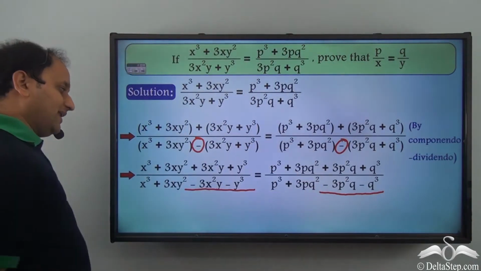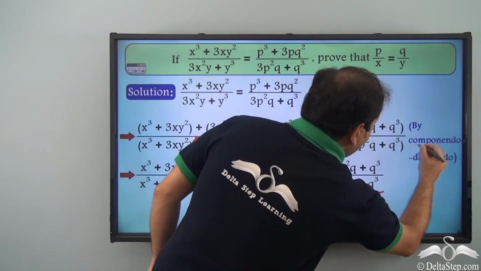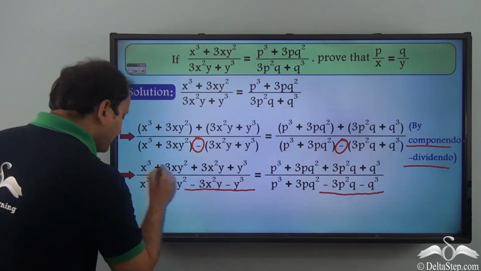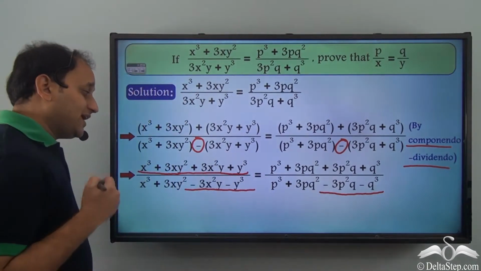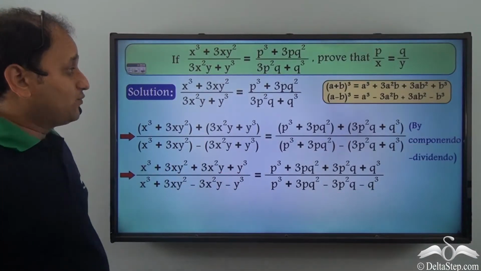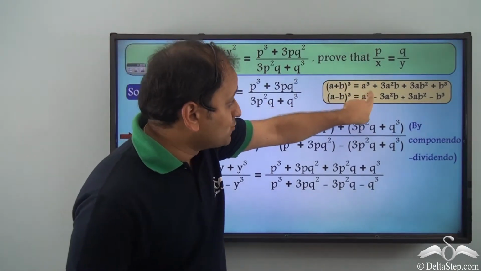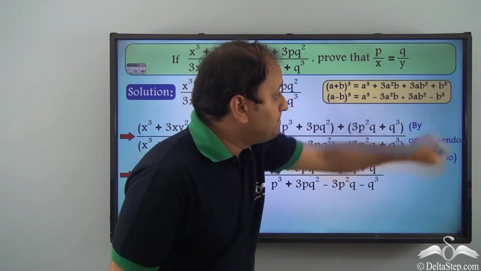Other symbols remain the same. Now the purpose of the componendo dividendo application can be seen clearly. So we have this expression here, which is a very common algebraic expression. And what is that? Well, a plus b whole cube can be written as a cube plus 3a square b plus 3ab square plus b cube.